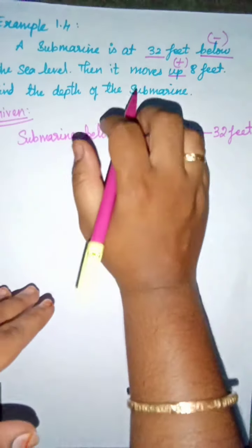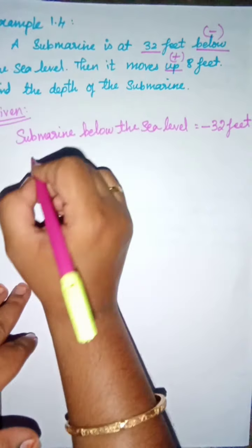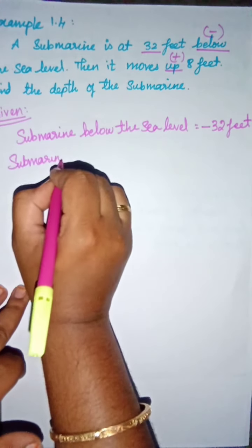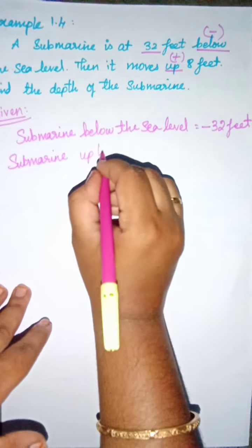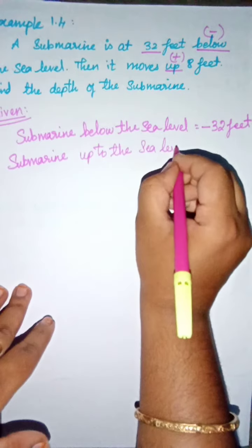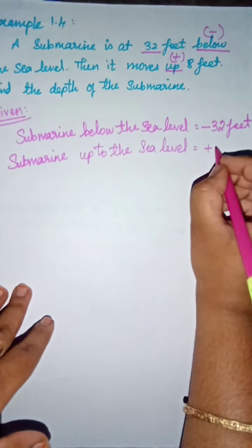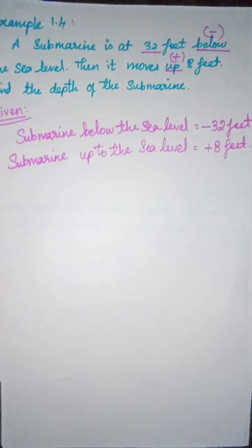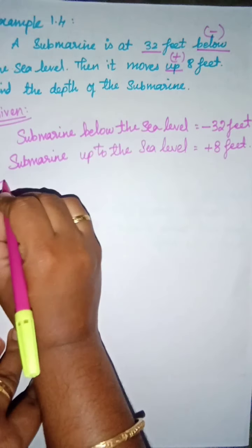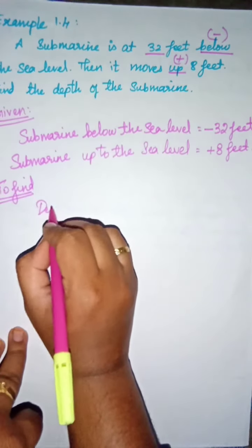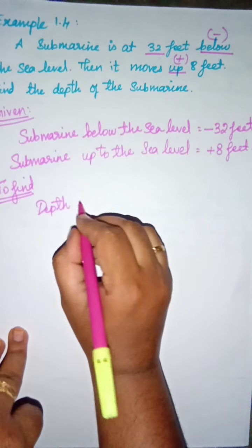Clear? Then it moves up, so submarine up to the sea level equals plus 8 feet. Up means it should be plus. Then what do we have to find? Depth of the submarine.